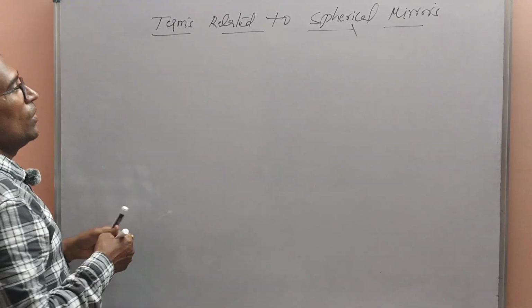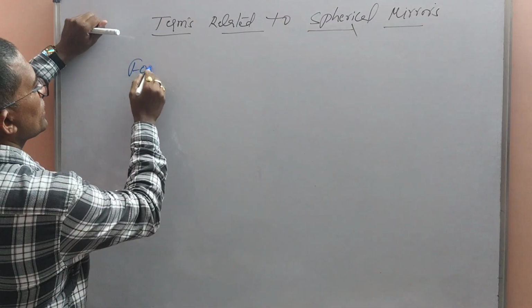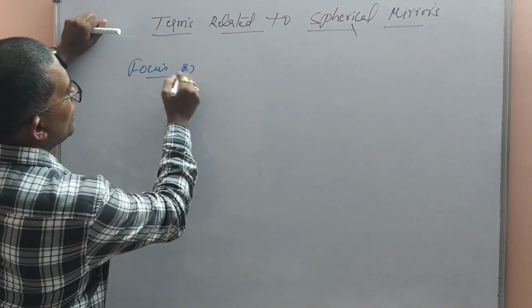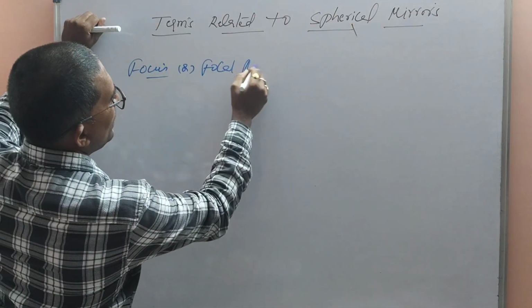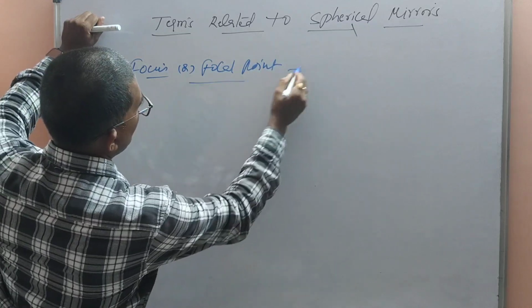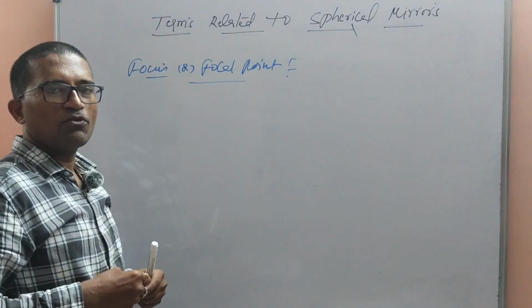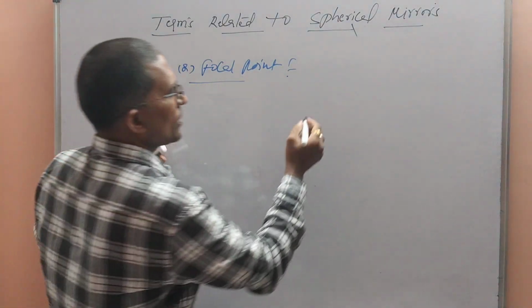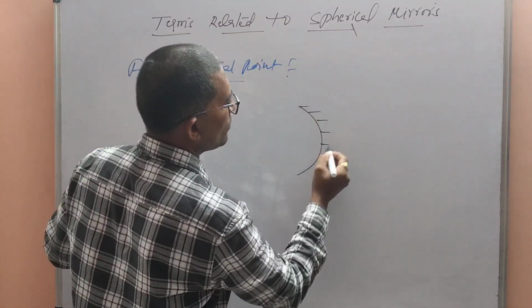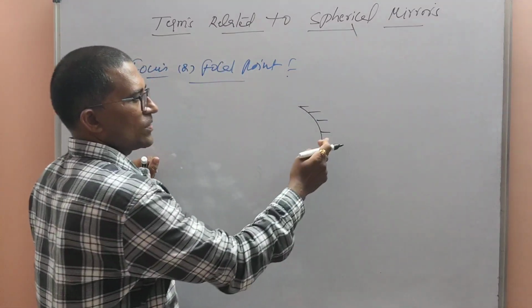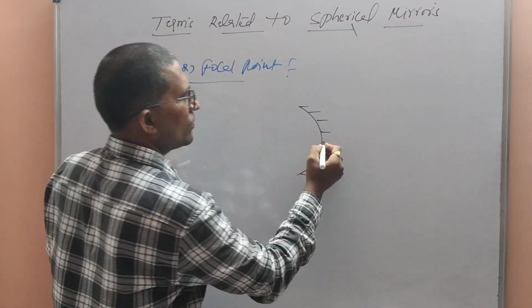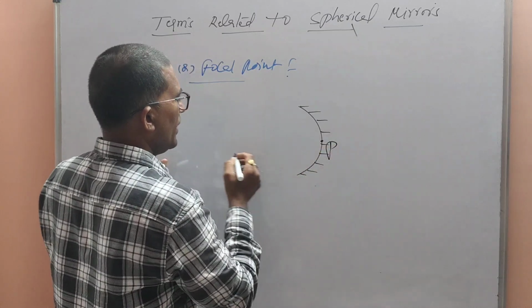Now, next one: what is the meaning of focus or focal point? If I draw a concave mirror, it is a coated, reflecting surface, and we can locate the pole.